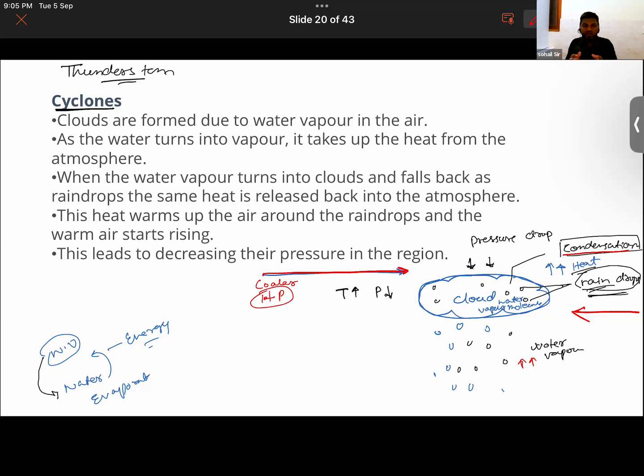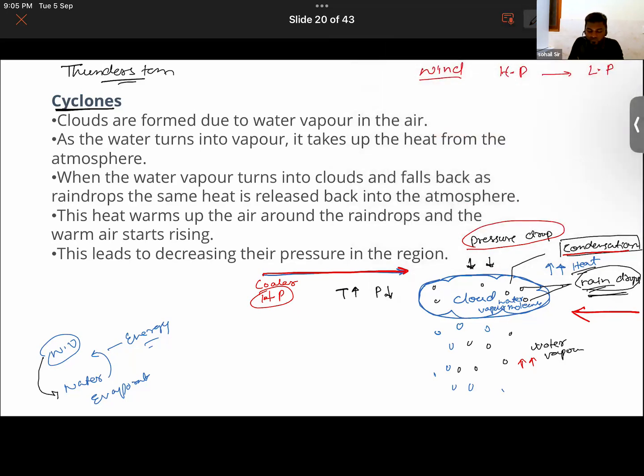So surrounding air molecules start to move towards the center of this cloud, which has a lower pressure. You guys know the movement of wind takes place from where to where? From a region of higher pressure to lower pressure. Yes, sir.